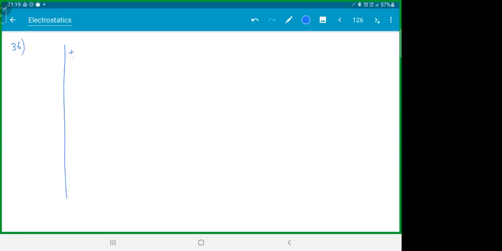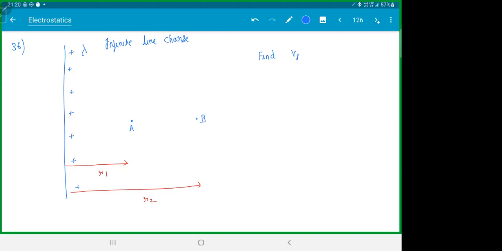Next thing, we have an infinite line charge, lambda. There's a point A here, there's a point B here. This distance is R1 and this distance is R2. Find VA minus VB. Do you remember the field due to an infinite line charge?